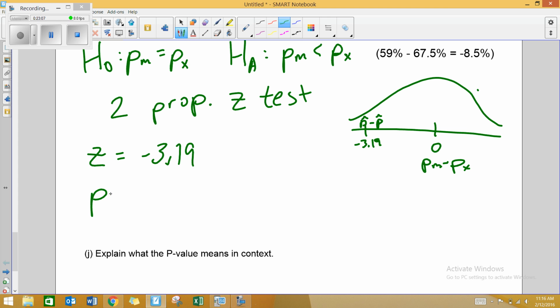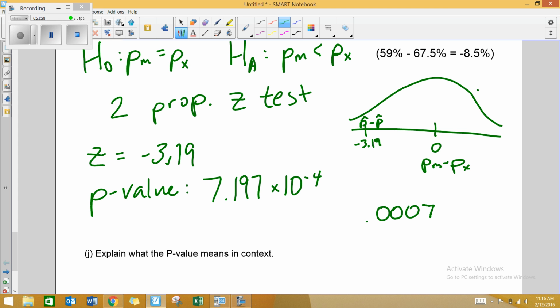Well, how weird? That's where the p-value comes in. My p-value was 7.197 times 10 to the negative 4th power. So that's 0.0007, that's that number.